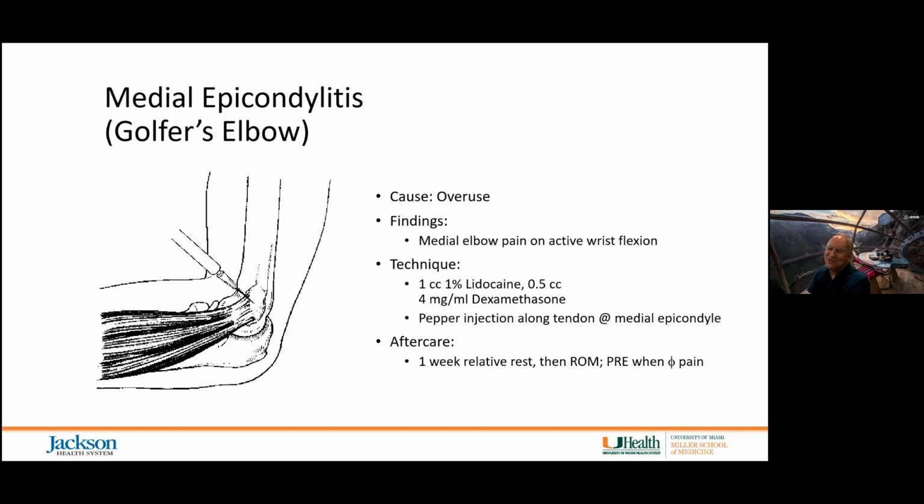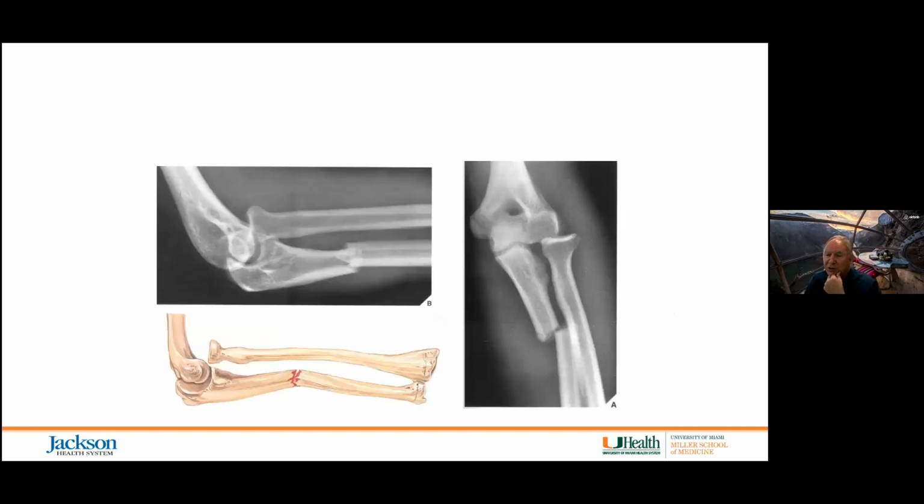The whole point is you're trying to take the stress and strain off of the origin of the wrist flexors, and pick those up with the strap itself. So again, moving on to range of motion, and then isometric exercises before you move on to the isokinetic exercises.